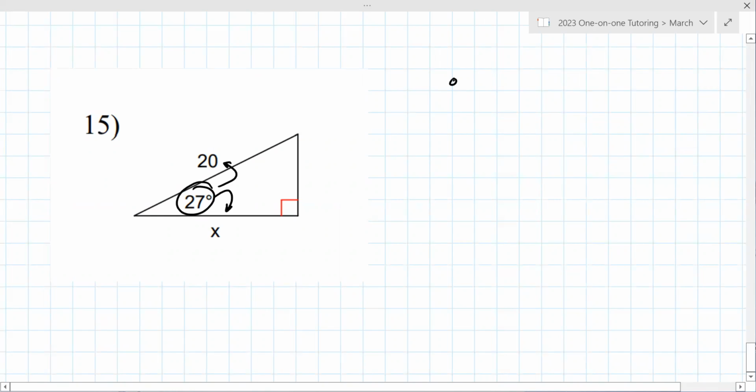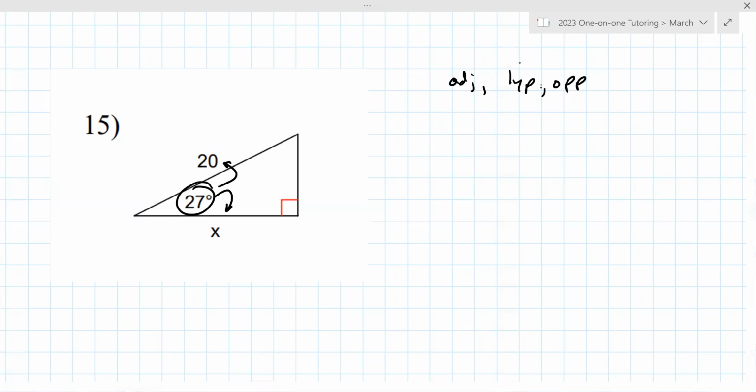And again, the answers are adjacent, hypotenuse, and opposite, whatever order you want to do it in. You have to decide that. Okay, so x would be adjacent, and 20 would be hypotenuse. Good.